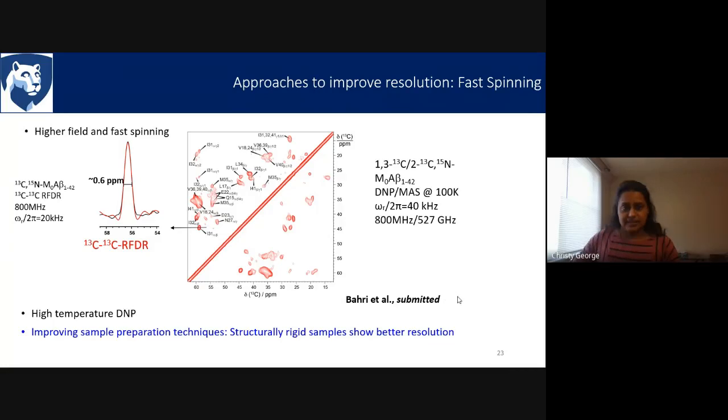This is an example, using a commercial 800 megahertz DNP spectrometer with a 1.3 millimeter rotor, where we could spin faster and get the resolution back. However, to spin fast, we need to have small rotors and all those things. Our home-built system did not have a small rotor.